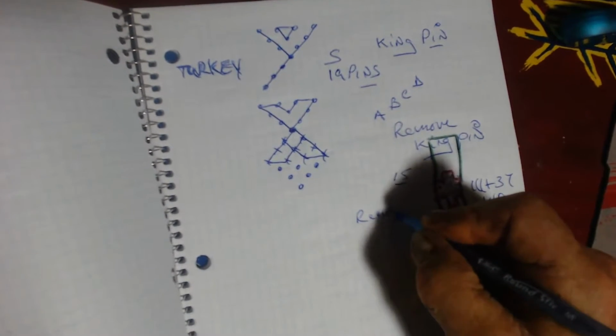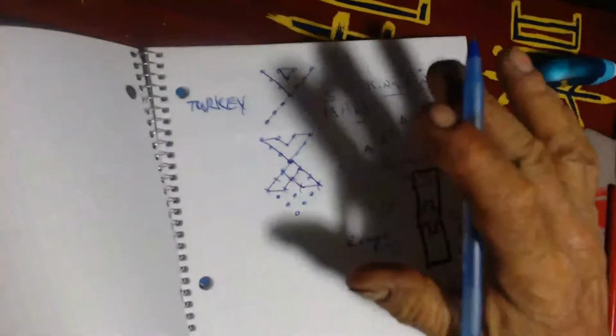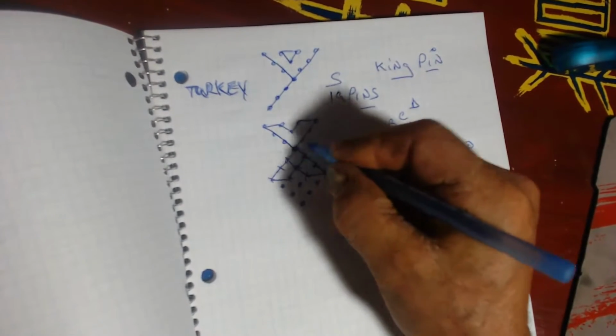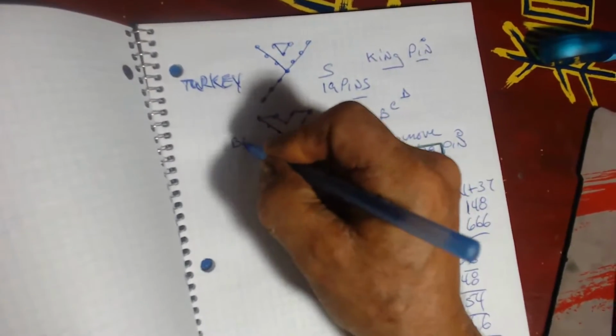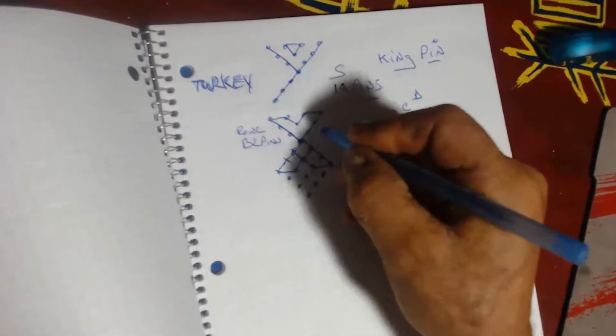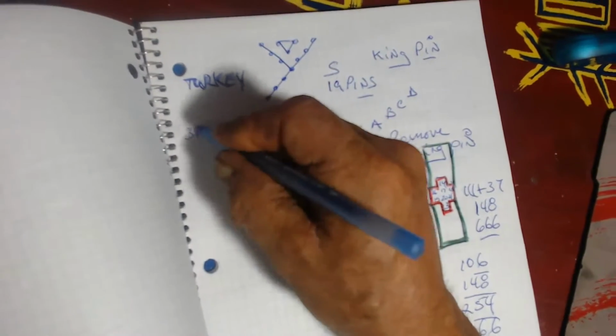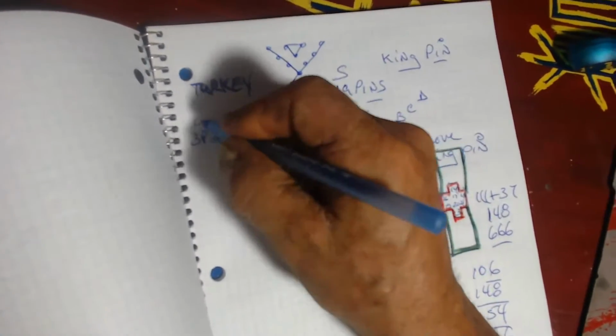Remove pins. So in row A, now I didn't get to this. In row A, right? And then in row B, there are 2 pins. In row C, there are 3 pins. In row D, there are 4 pins.